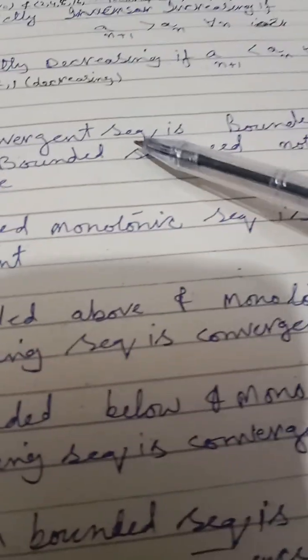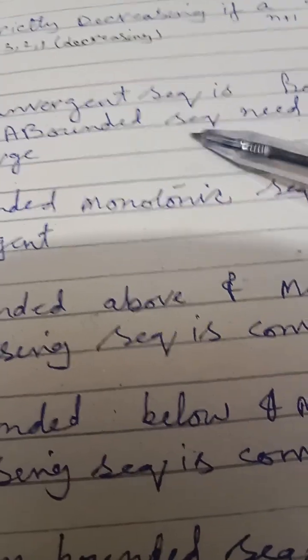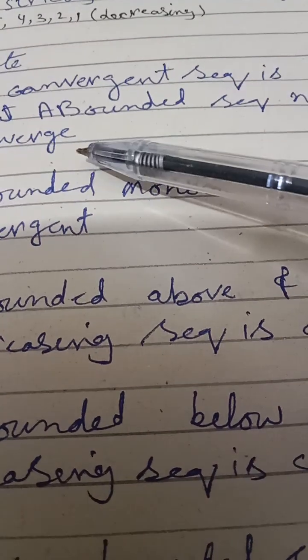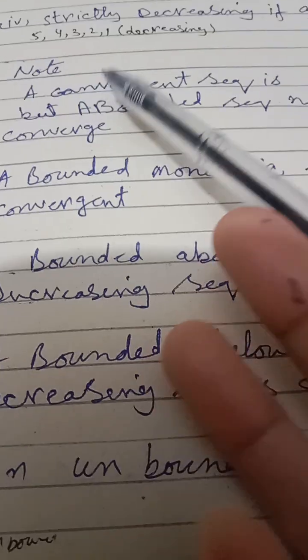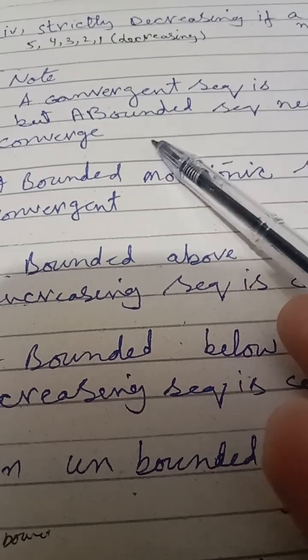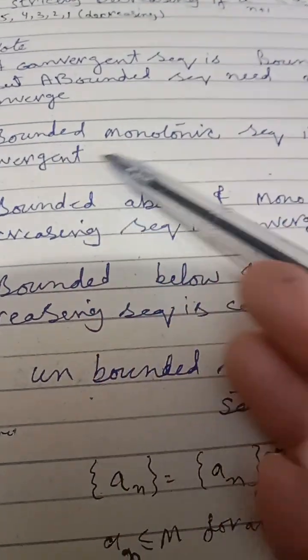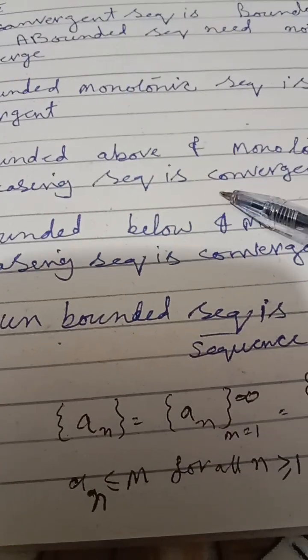Note: a convergent sequence is bounded, but a bounded sequence need not be convergent. If the answer is infinity, the sequence is divergent; otherwise, if it is a constant or countable value, we call it convergent. A bounded monotonic sequence is convergent. A sequence bounded above and monotonic increasing is convergent.